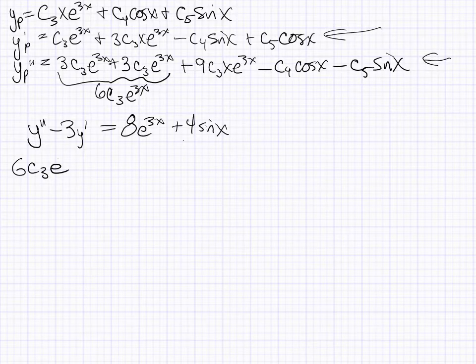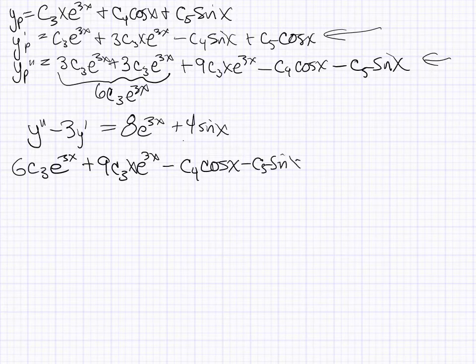6c3 e to the 3x plus 9c3 x e to the 3x minus c4 cosine x minus c5 sine x. I'm going to run out of room here for sure. So I'm going to start stacking things underneath common terms I'm going to bring together already. So it's minus 3 times the derivative.